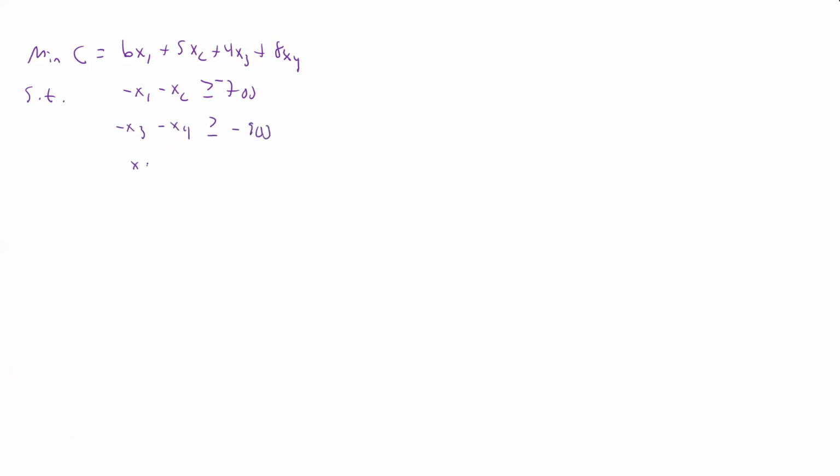The other two stayed the same: X1 plus X3 has to be greater than or equal to 500, and X2 plus X4 has to be greater than or equal to 1,000.